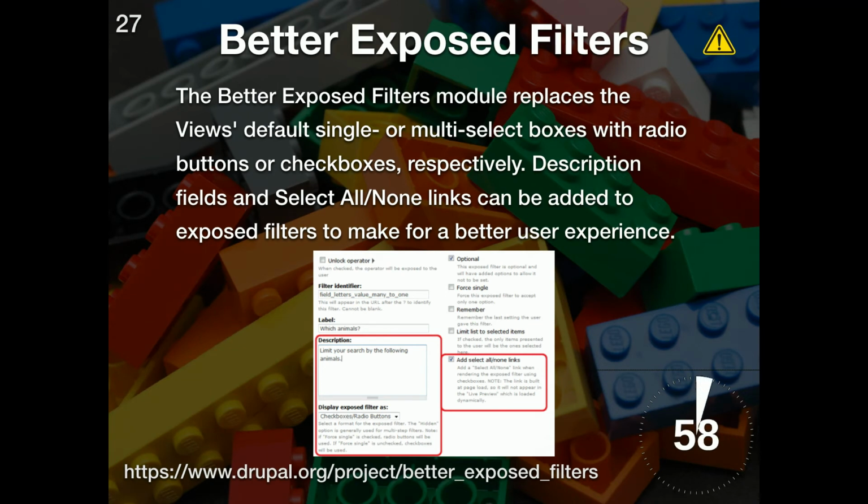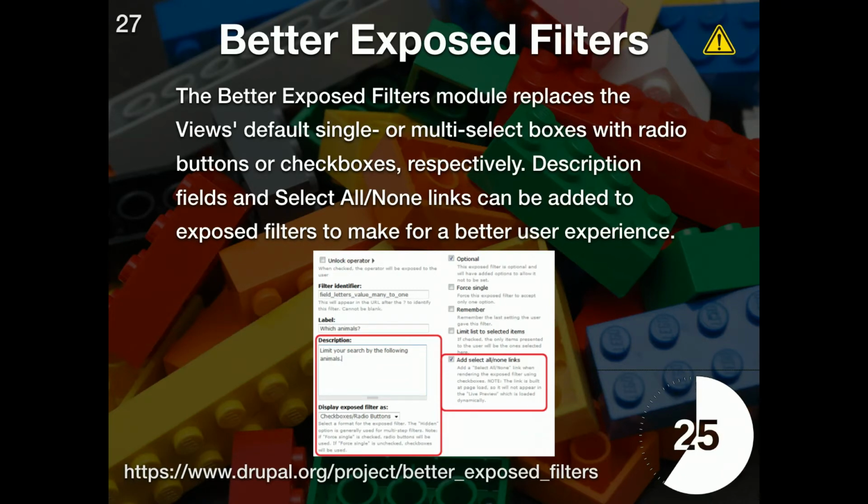Better Exposed Filters. This is really nice. Sometimes when exposing filters in views, so being able to select what thing to filter a view by, the interface for it in core is not necessarily the most intuitive. For example, sometimes you might want to expose a filter and be able to select multiple values of a select list or something.